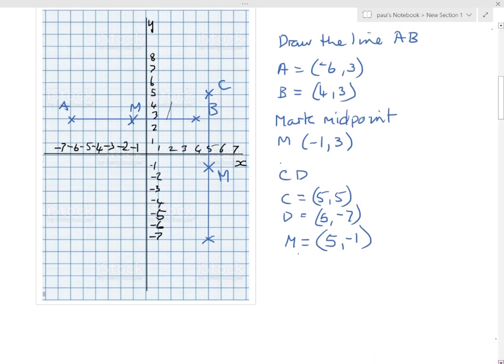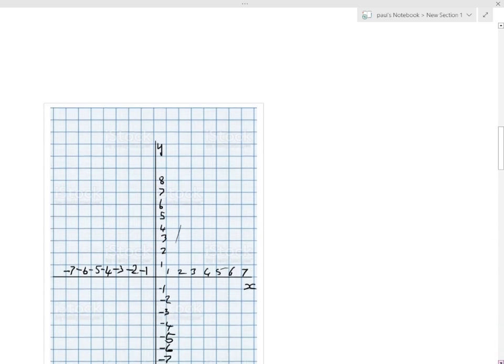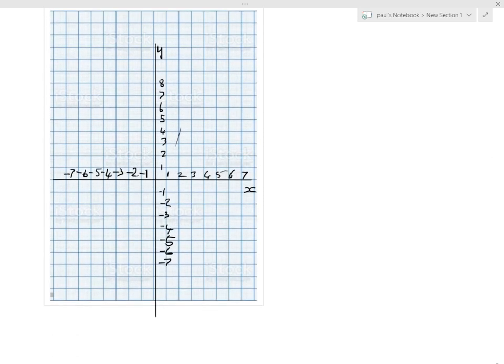Now this is a bit more difficult when you're doing the midpoint of a diagonal line. So let's plot the line AB again, and A is going to be minus 1, 2, and B is going to be 3, minus 4.